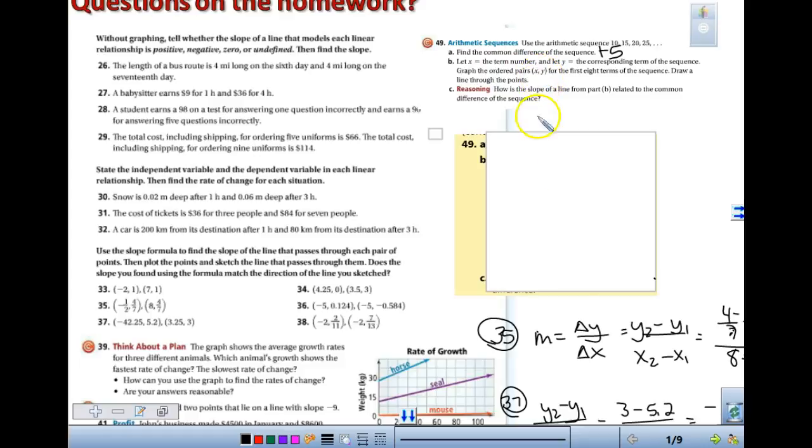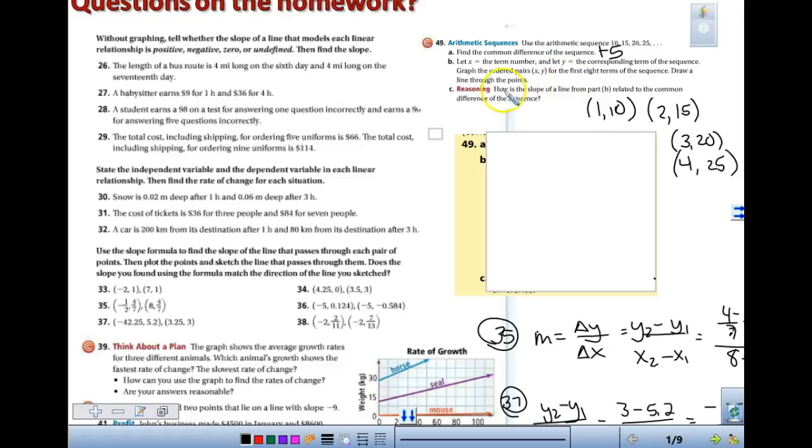Graph the ordered pairs x, y. That means my first ordered pair that I'm looking at is 1, 10. Right? So the first term, and the first term was 10. The next one is 2, 15. Second term, second number. The third one would be 3, 20. 4, 25.